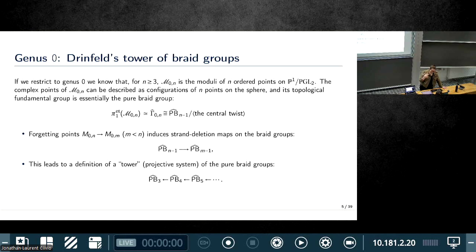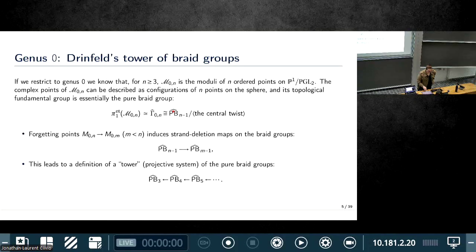So the relationship is both geometric and algebraic, which is just to say that, as we talked about before, the étale fundamental group of M_{0,n} is going to be equivalent to the profinite completion of the mapping class group of genus 0 surfaces with n boundaries, which is equivalent to the pure braid group on n minus 1 strands, modulo the full central twist, or the ribbon braid group, which will come later.